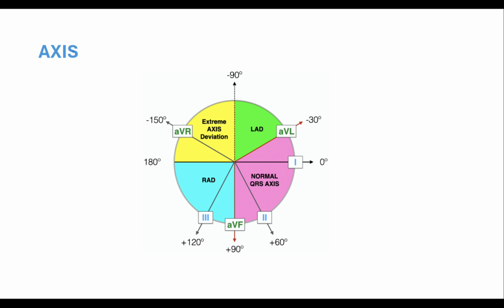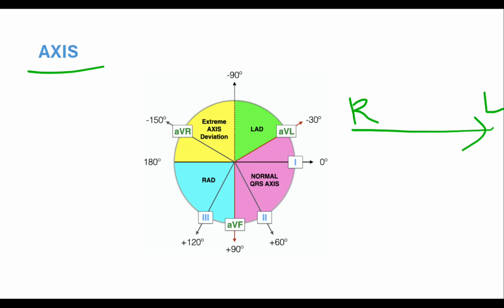Before you understand how to calculate the axis, you have to know how all the leads are placed. Lead 1 is directed along the zero axis, because lead 1 is placed between the right arm and left arm, directed from the right arm to the left arm.